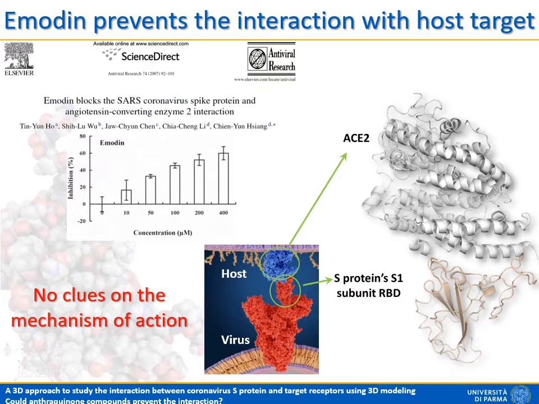So the inhibition was definitely relevant, but there were no clues on the underpinning mechanism of action. And the main aim of our work was to describe a possible mechanism of action to explain such an inhibition.